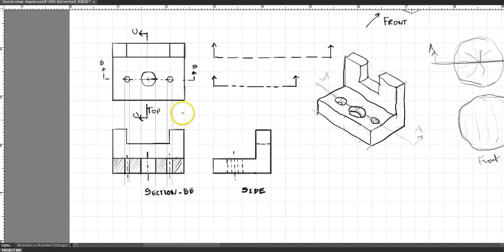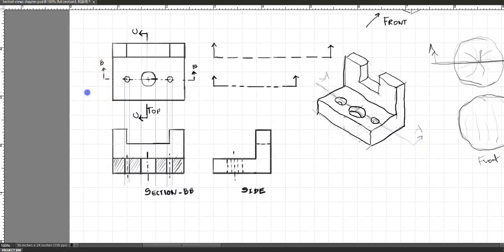Now again, these are standards and rules that we need to follow while drawing sectional views. For example, I made a section over here and called it BB. I cannot put this section view on top of here. I have to place it in the opposite direction of where my arrows are pointed.